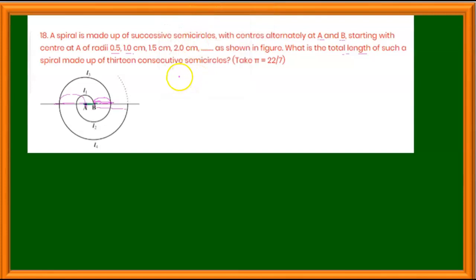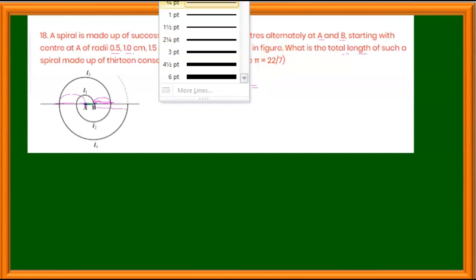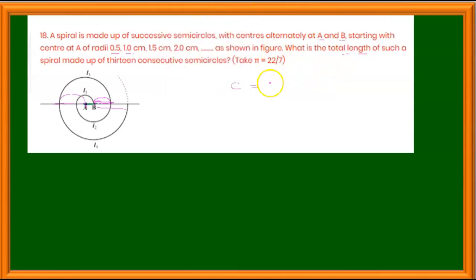The circumference of a circle we know, C is equal to 2 pi r, right? So a semicircle means divided by 2. The circumference of a semicircle is equal to half of that, which means pi r.